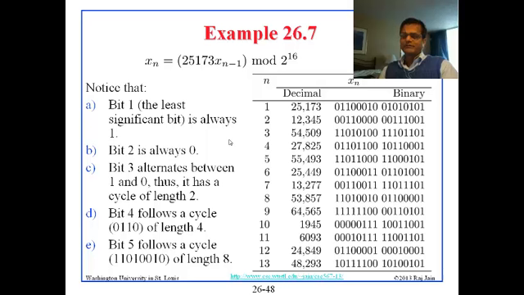What is the last bit? It is 100% 1. All numbers generated by this generator are odd. So if you flip a coin using this generator using the last bit, it will never land tail. It will always be head. That's the problem. If you take the second bit, what is the second bit? Always 0. Same problem.